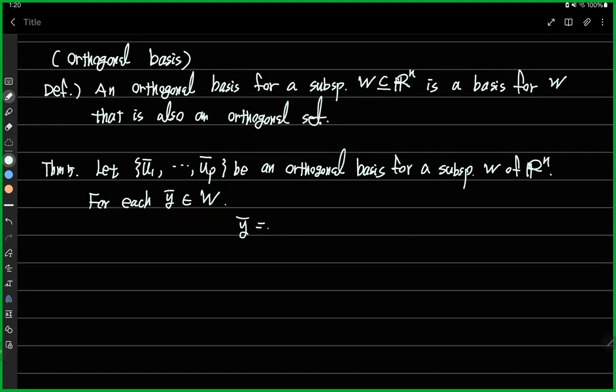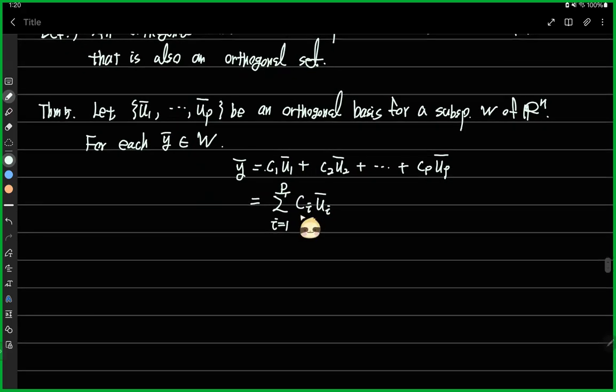Which means that we can express y as a linear combination of the vectors in the orthogonal basis, right? So c1 times u1 plus c2 times u2 through cp times up. Simply saying this is the sum of ci ui, with i equals 1 through p, right? So what is ci?